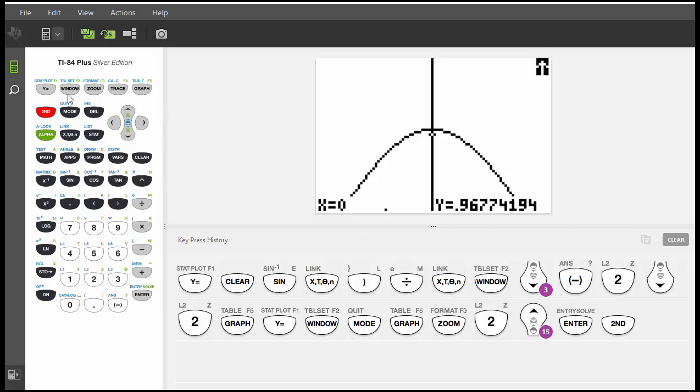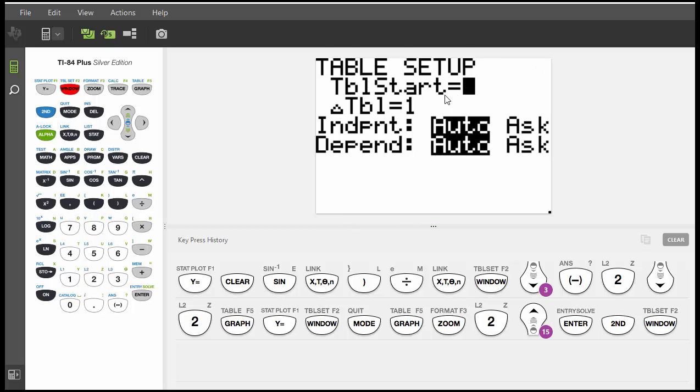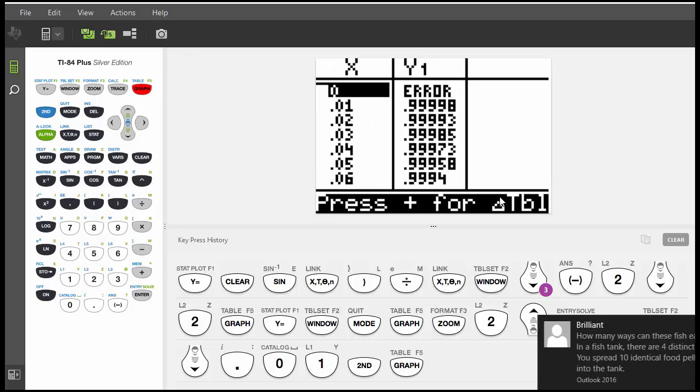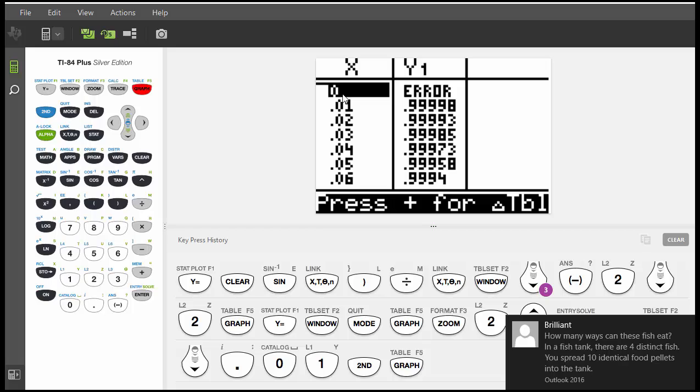So I'm going to look at my table over here. Let's set my table. I can start it at 1, change in table is 1, but let's go down and do the change in table of 0.01, and then we'll take a look at the table. Notice I get my error at 0, right?